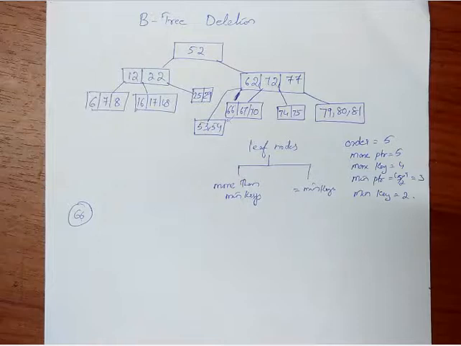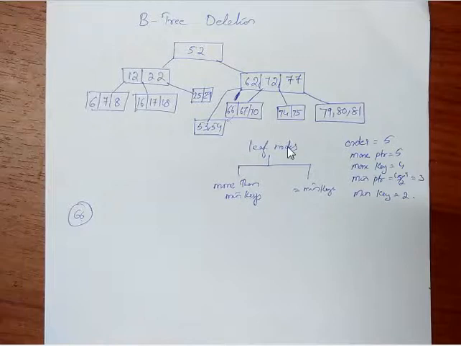Firstly, we can see what the possibilities of deletion are and what the process of deletion is if the node to be deleted is in a leaf node. There are two possible ways in which we can remove the key. First, the leaf node containing the key we are removing contains more than the minimum number of keys.